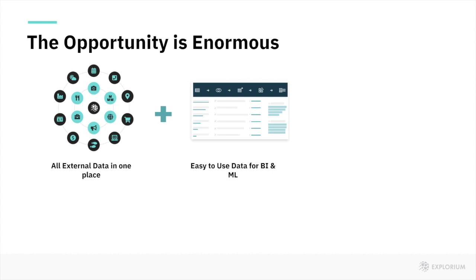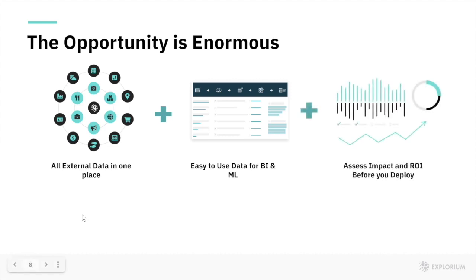So it is ready to be used easily in your BI and ML, and there is automatic matching happening so that the data that you are bringing in from the third party sources is nicely aligned to your data sets. You can add various data signals, you can add new columns to your data set for data enrichment, and the data is also ready for your machine learning usage right away.